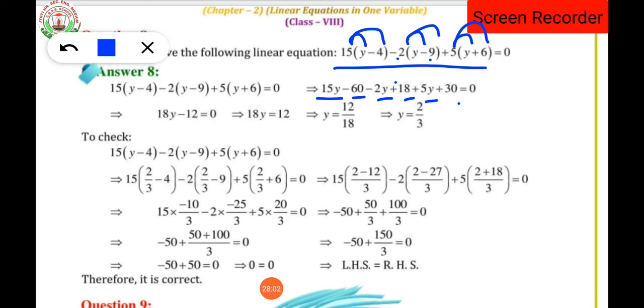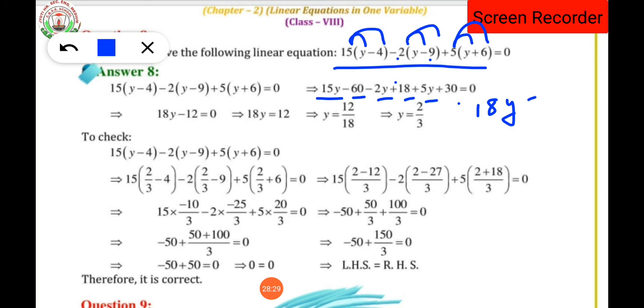Now 15y minus 2y and plus 5y. Okay, so here it will become 15y plus 5y will be 20y, 20y minus 2y will become 18y. Okay, and the constants minus 60 plus 18 plus 30. So minus 60 plus 30 will be minus 30, and plus 18 will become minus 12. How much?